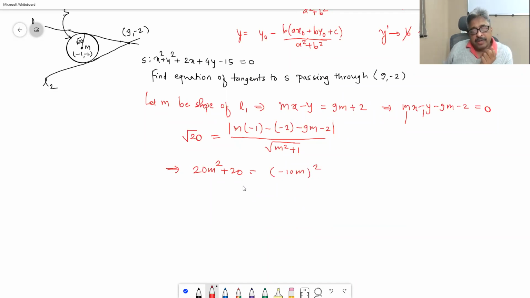So 100m square minus 20m square is 80m square is equal to 20. Therefore, m square is equal to 1 by 4. Hence, m is equal to plus or minus half.